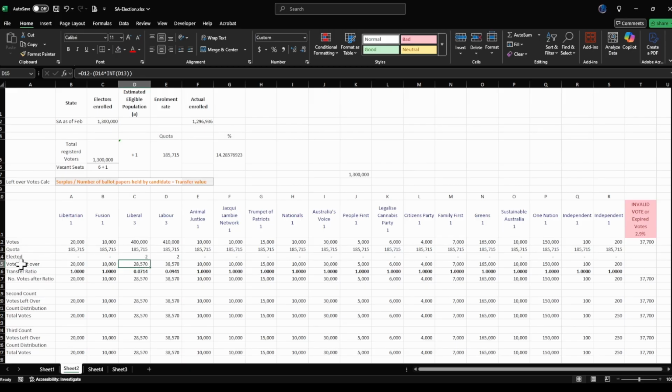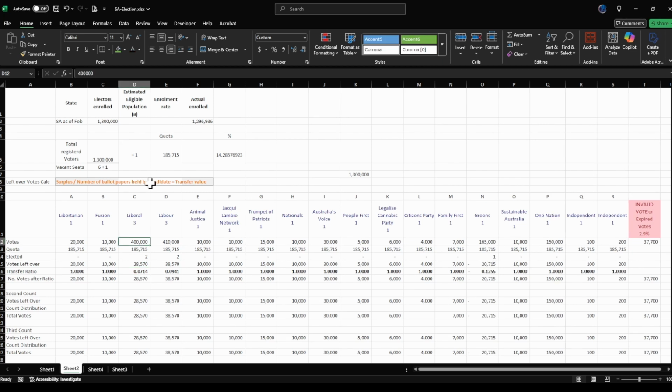So hence the reason they develop a transfer ratio, and it's a really good thing. How they actually get that transfer ratio is they take the number of votes left over, divide it into the number of total votes, and that gives them a percentage that each vote is worth when they transfer it to their second, third, fourth, or fifth preferences, at whatever stage those votes need to be transferred.